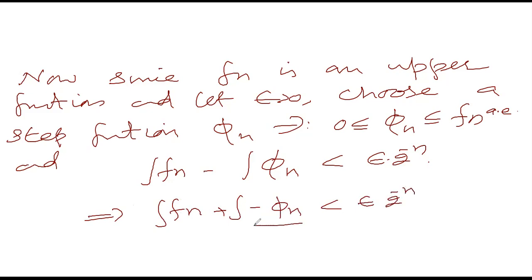This is an upper function because phi n is a step function, and minus times a step function is again a step function, hence an upper function. fn is an upper function, and the sum of integrals of upper functions is already done. The condition for that is that these functions must be upper functions. Here fn is an upper function, and minus phi n is also an upper function. Negative times an upper function need not be an upper function, but here it is negative times a step function, which is again a step function, and every step function is an upper function. Okay, so this is true.